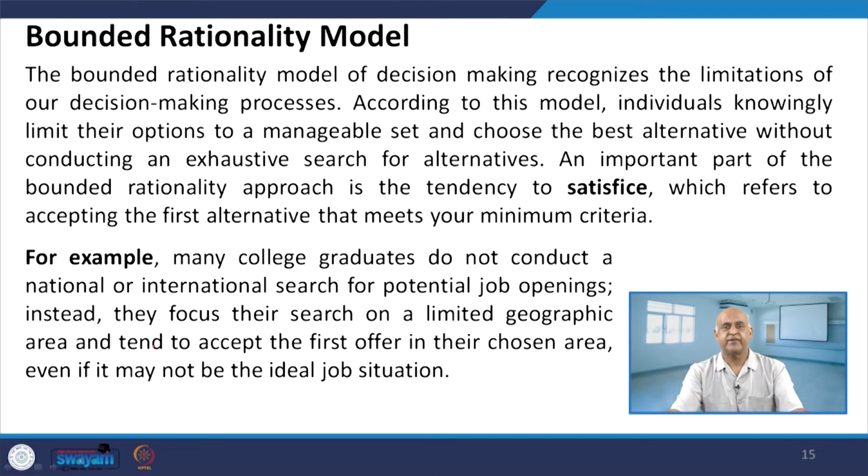Whatever the first offer is, the selection is done on the basis of that first offer, even though it may not be the ideal job situation. Many organizations, because they have to take that particular decision, go for it, and that is the bounded decision.